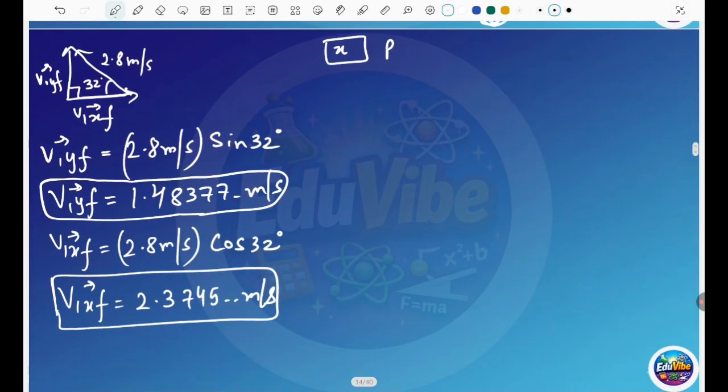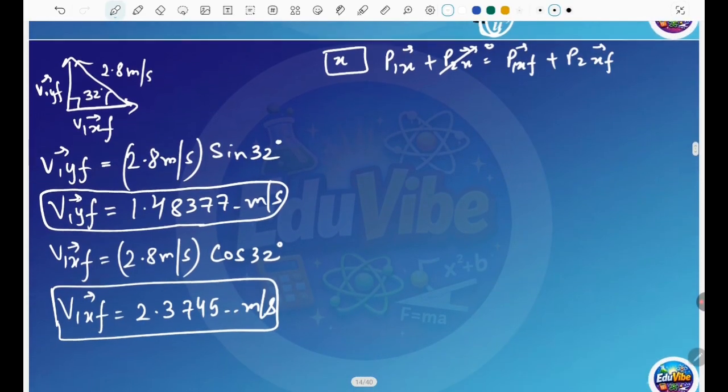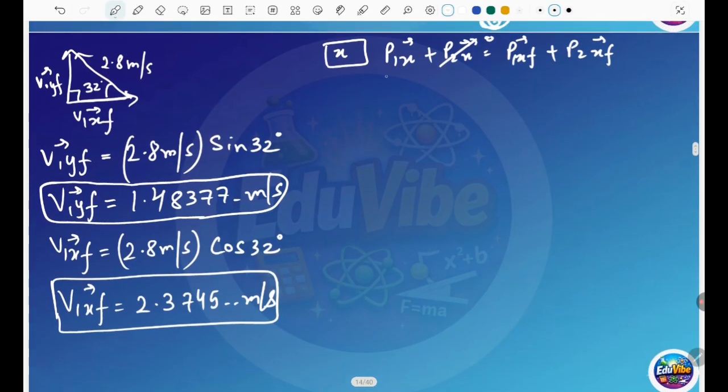We take p1x plus p2x equals p1xf plus p2xf. We all know the second object, which is 6.1 kg, stays at rest, so its initial velocity u is equal to 0, and we eliminate that term. The rest we have is m1v1x equals m1v1xf plus m2v2xf.